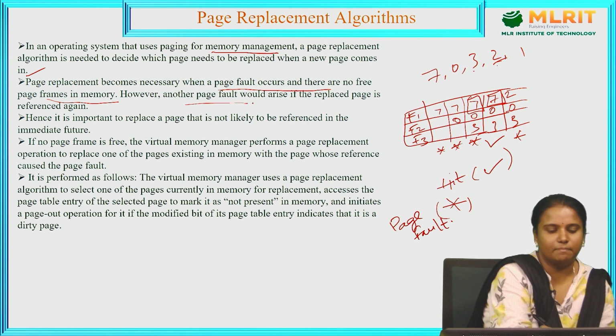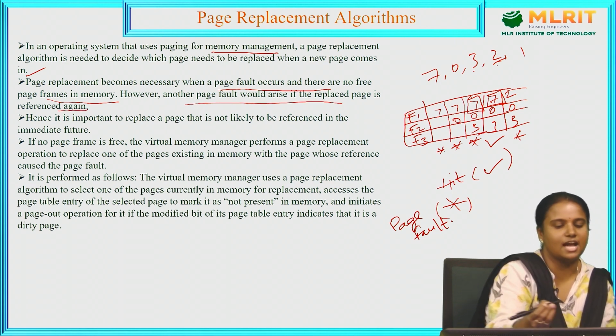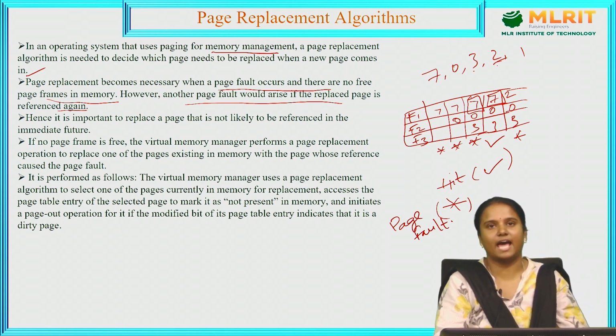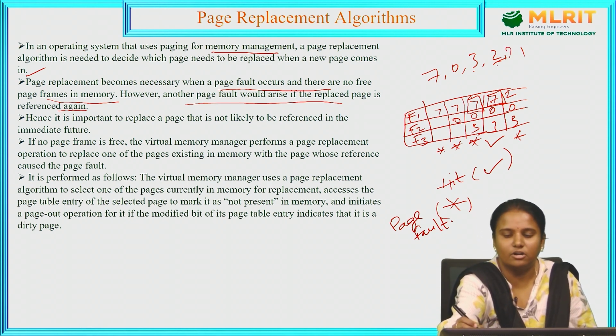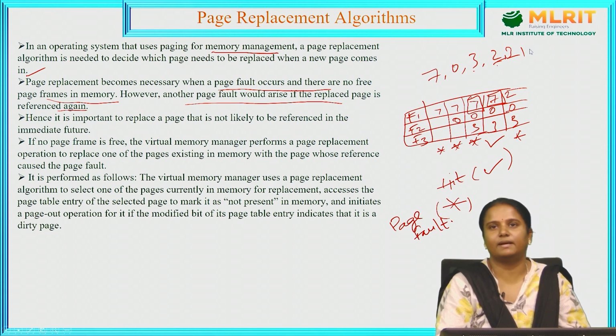However, another page fault would arise if the replaced page is referenced again. Here the page fault is occurring, so the page cannot be replaced that way. It is going to be referenced again because 2 is present in our given problem, so the page is again referring to the same number.